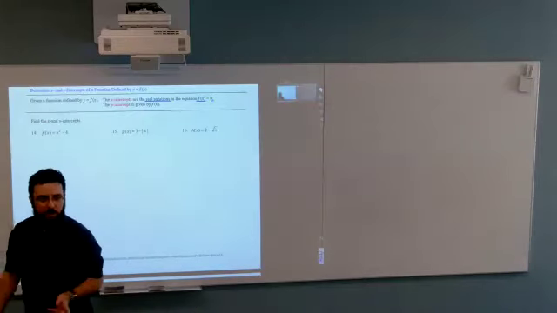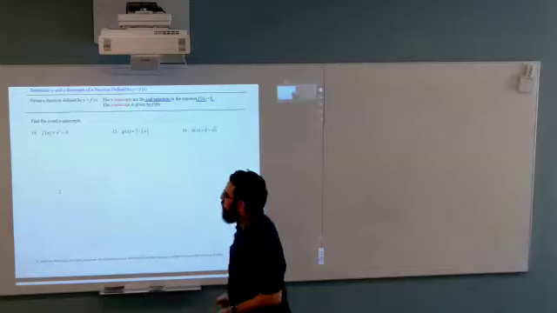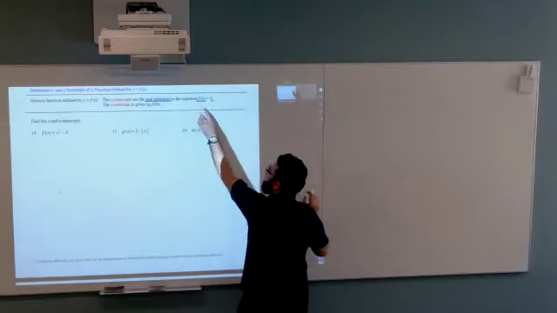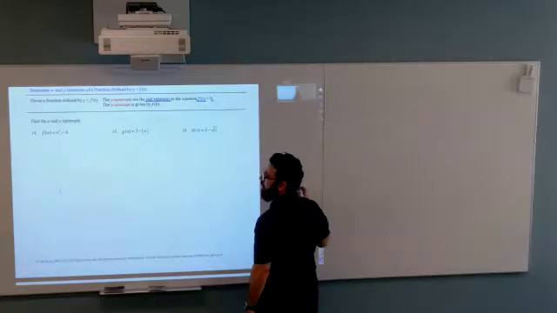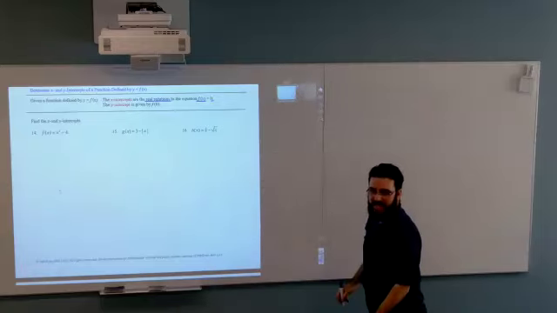What does that mean? How do you find the x-intercept? Remember, to find the x-intercept, set the function equal to 0, which means the y.